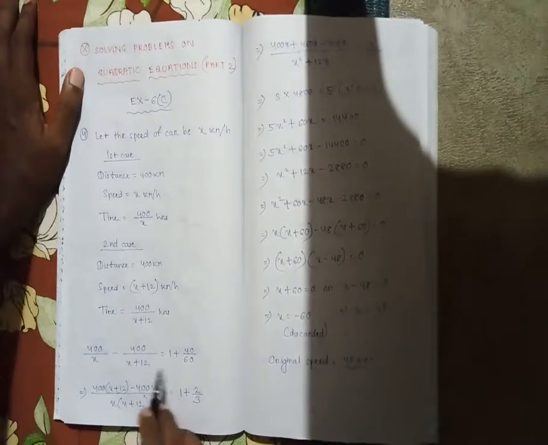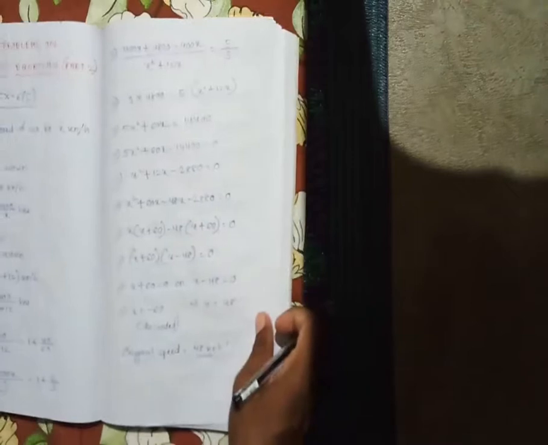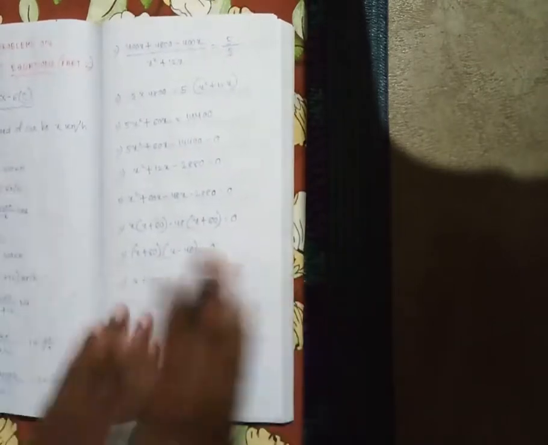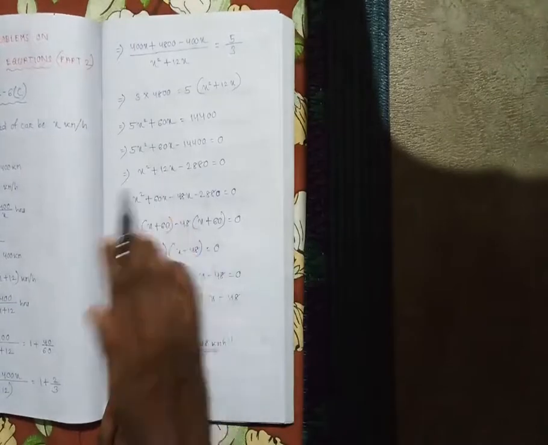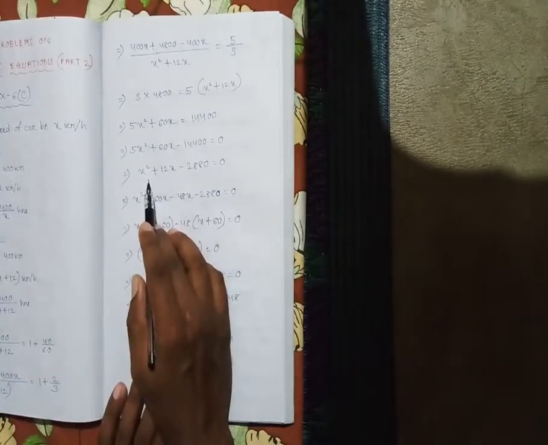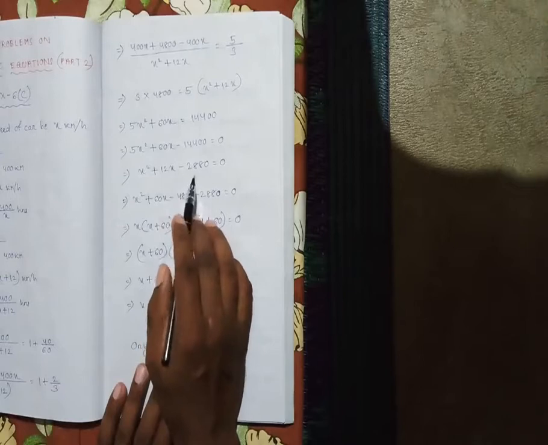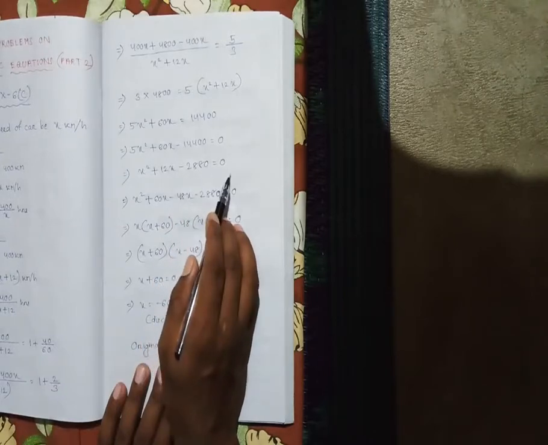Then on simplifying this equation, you will get a quadratic equation which is x square plus 12x minus 2880 is equal to 0.